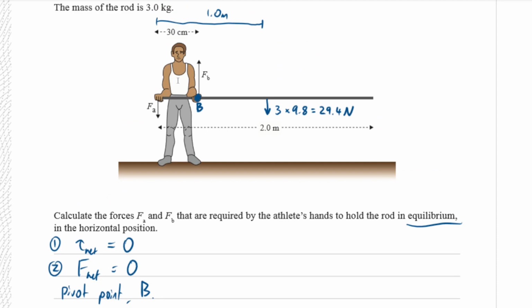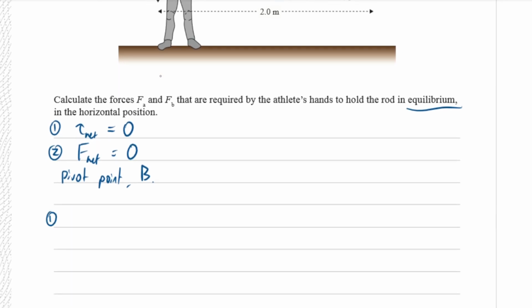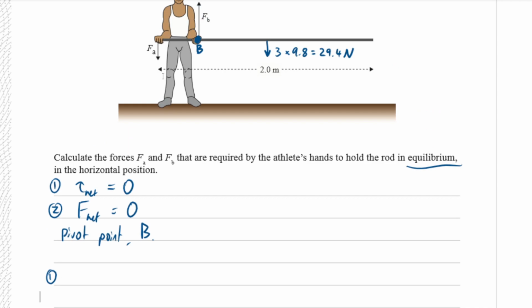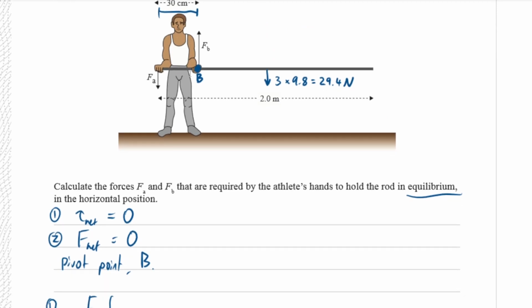And about that pivot point, we can calculate the torques. We'd calculate the torque from his hand at A and the torque from the weight of the rod at that position. So let's do that. And this is using condition 1, so that FA times the distance it is from the pivot point, which is 30 centimeters, so that's 0.3 meters.